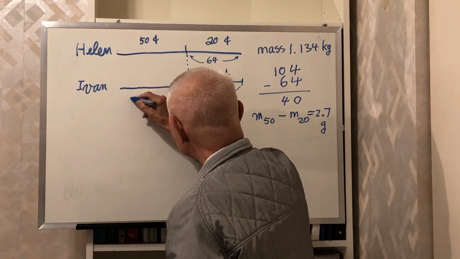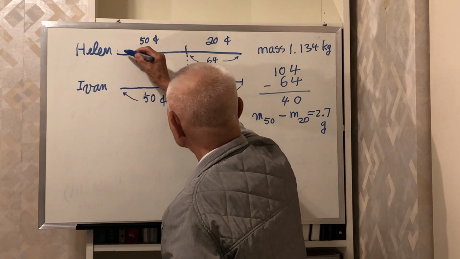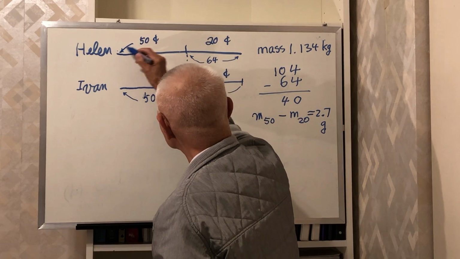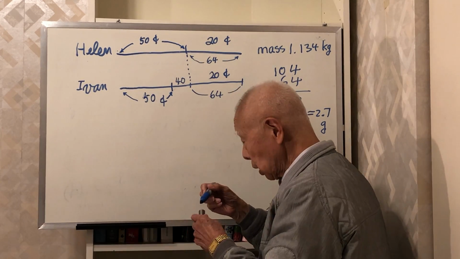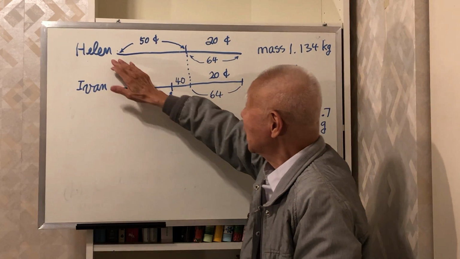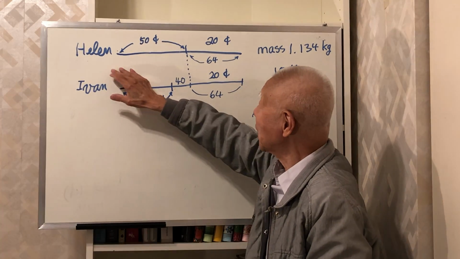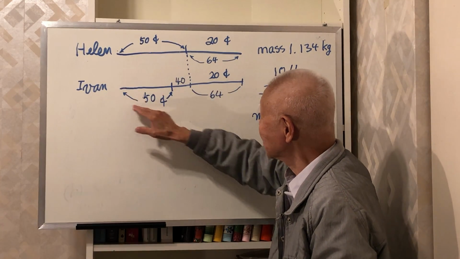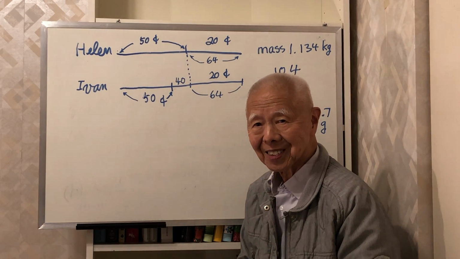This is 50 cents. And Helen has 50 cents. Therefore, it's very obvious Helen has more money, because Helen has more 50 cent. 50 cent here, 50 cent here.